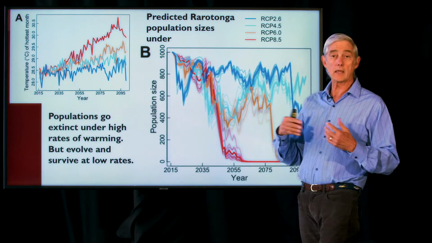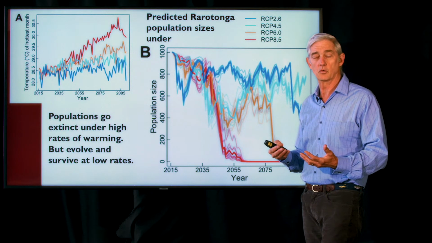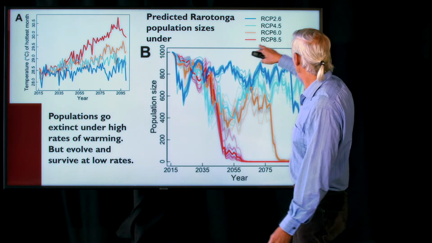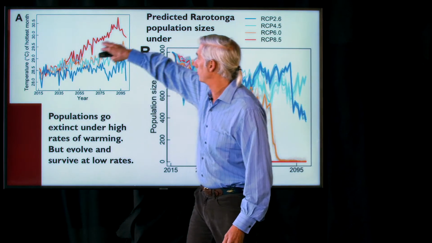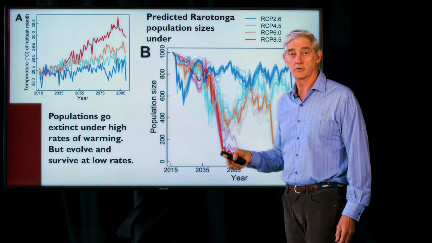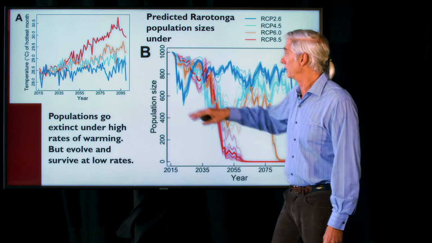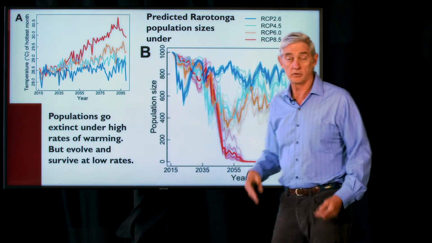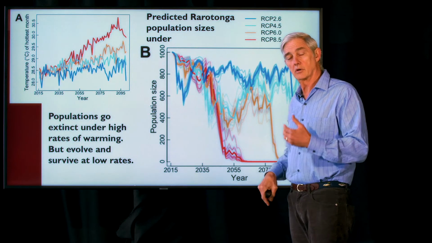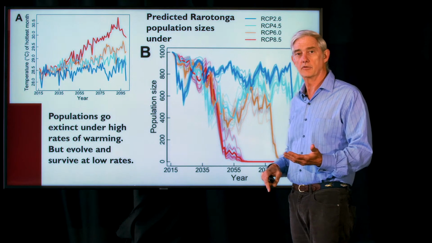If we don't follow any of those and countries continue to emit CO2 into the environment at the rate that they're doing now, then that's RCP 8.5, and that's the projected increase in ocean water temperatures around Rarotonga under those particular conditions. Well, that tells us what the ocean conditions are likely to be like in the future.